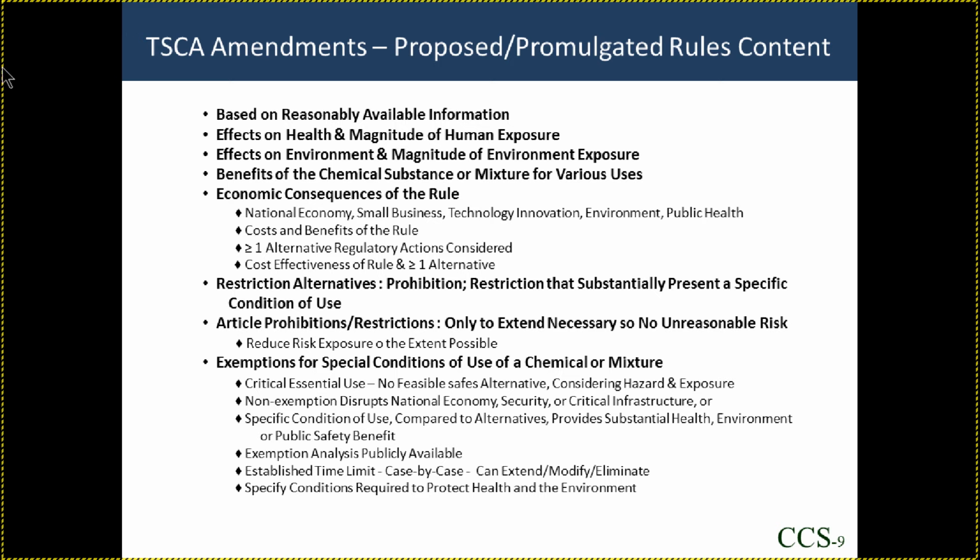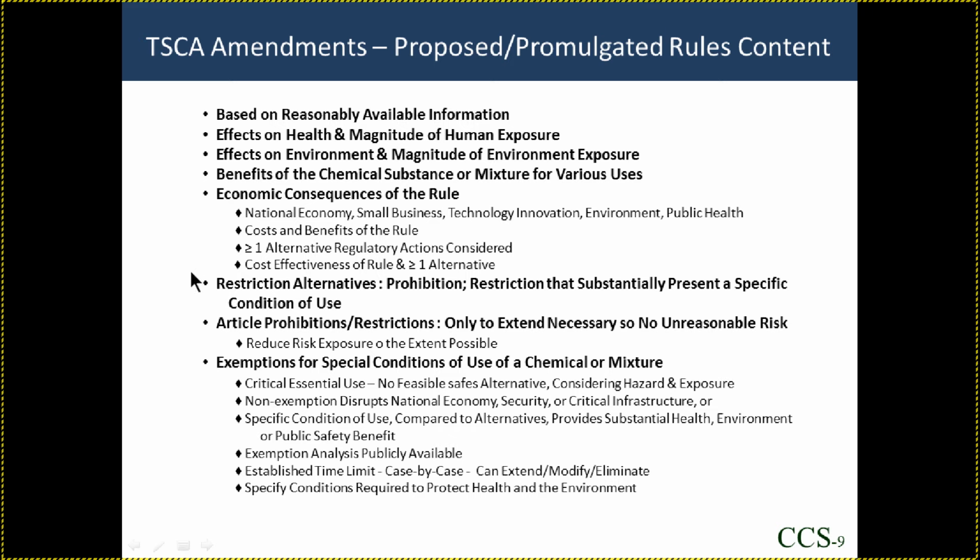The same thing on environmental in the 3rd bullet. But they also have to look at the benefits of that chemical substance for various uses. That's why usage condition is important, because at the end they have to look at the benefit versus risk ratio consideration. They eventually, in the final rule, have to consider economic consequences, but not in the initial risk evaluation.